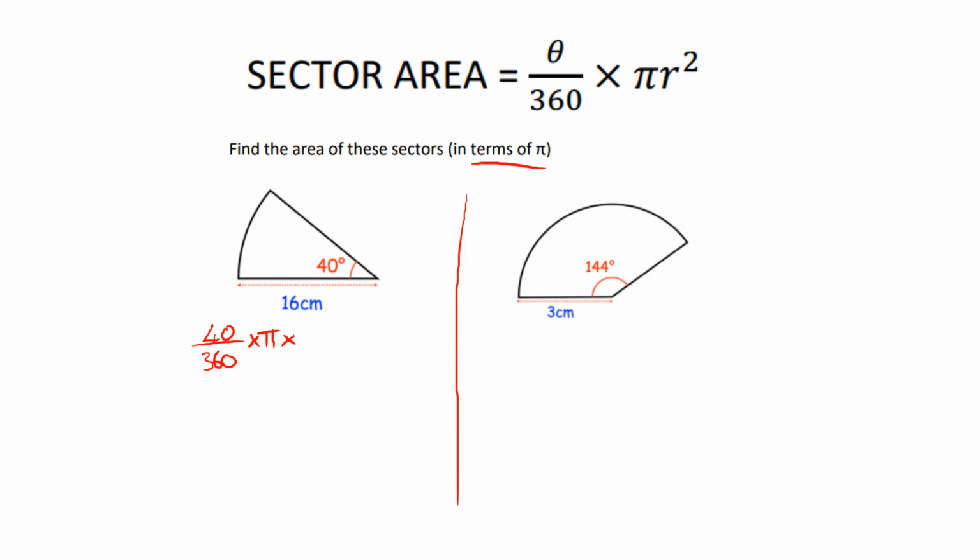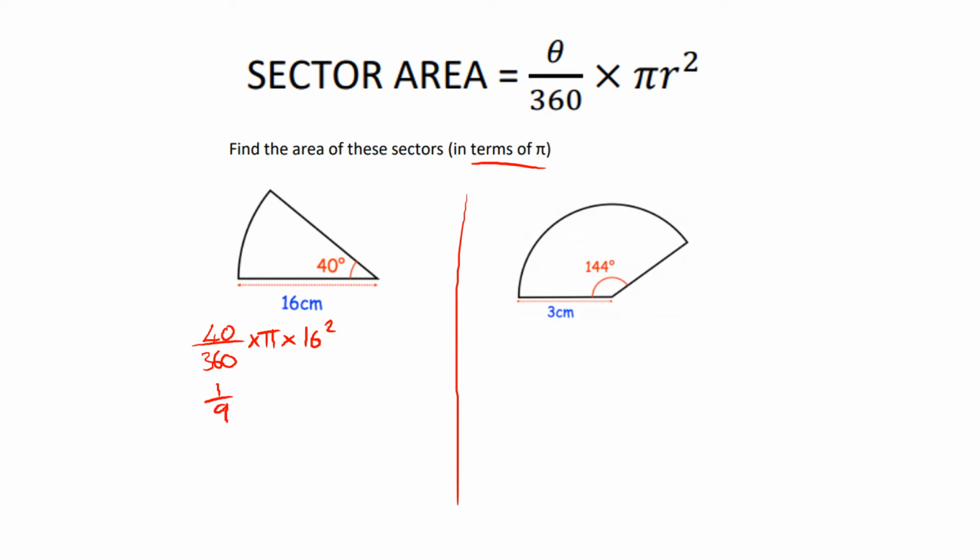Well, if you think about it, the full circle would look something like that. I mean, less like a potato than that, but still something like that. And that 16 centimeters does actually represent the radius, because the diameter would be another 16 centimeters again. So we're going to use 16 for our radius.